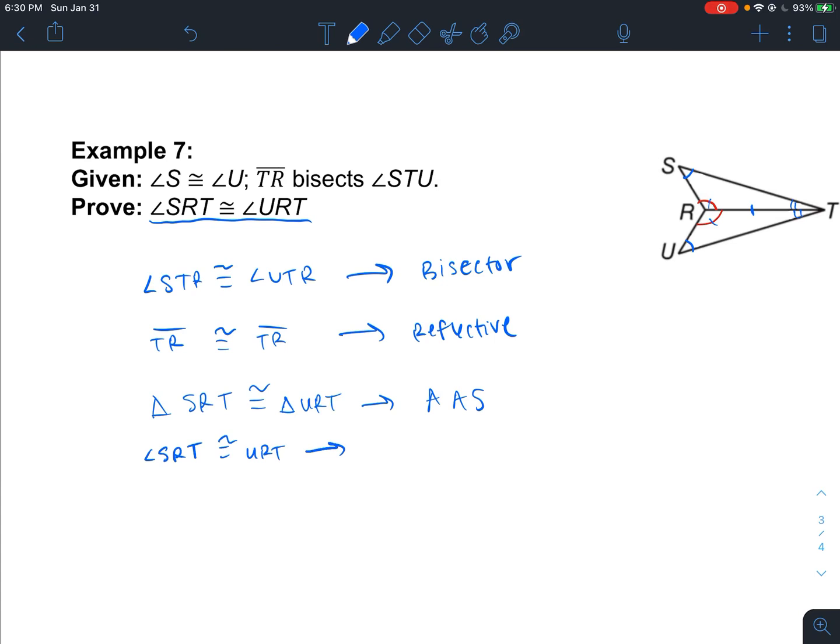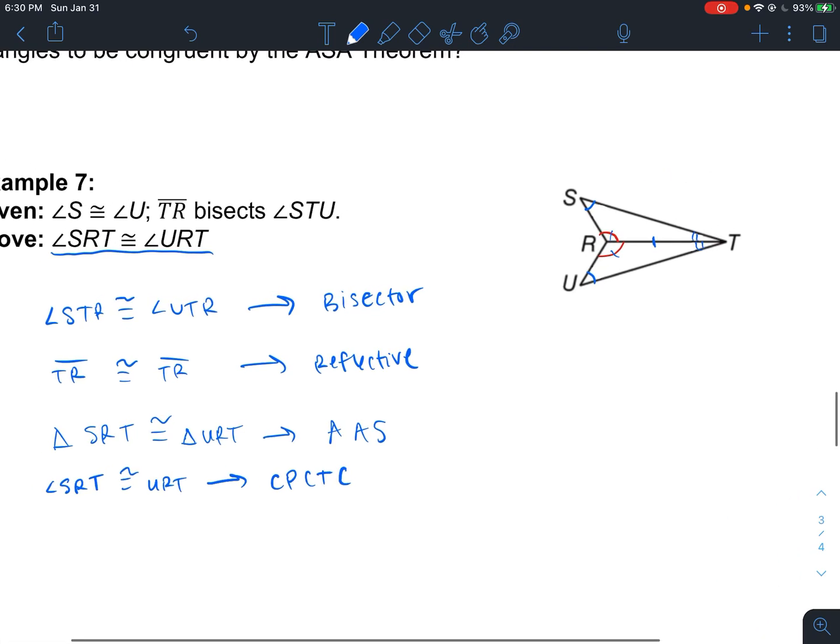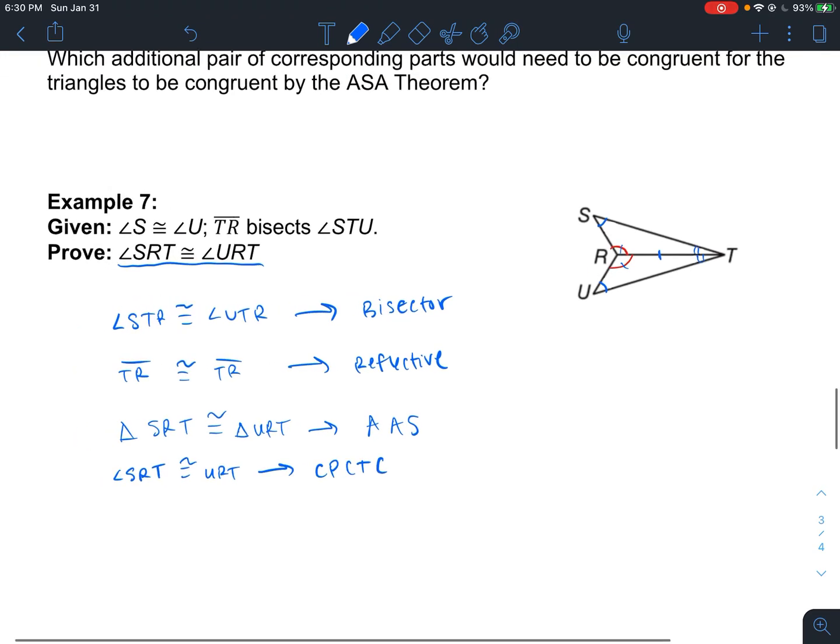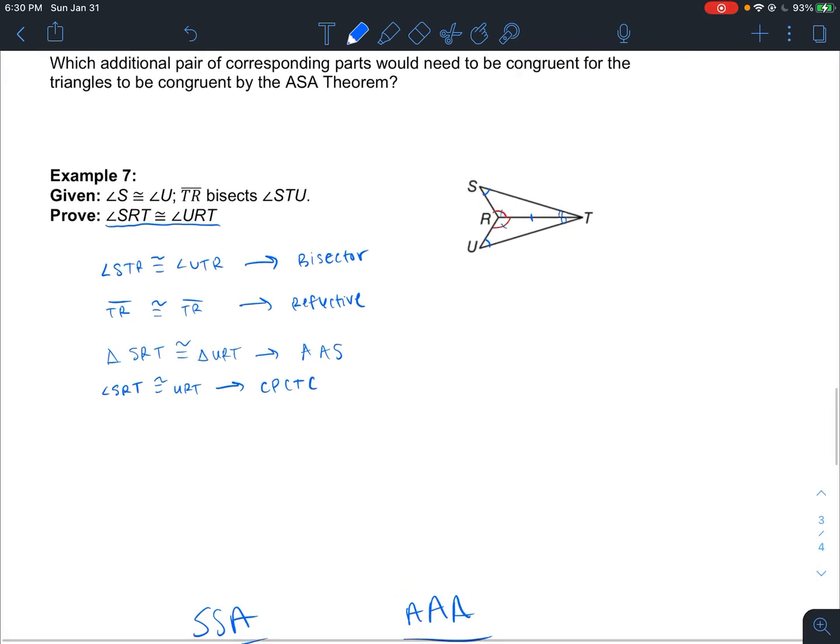By the corresponding parts of congruent triangles are congruent postulate, that's why these are congruent: because the two triangles are congruent, their corresponding parts are congruent. Okay, so there's an example.